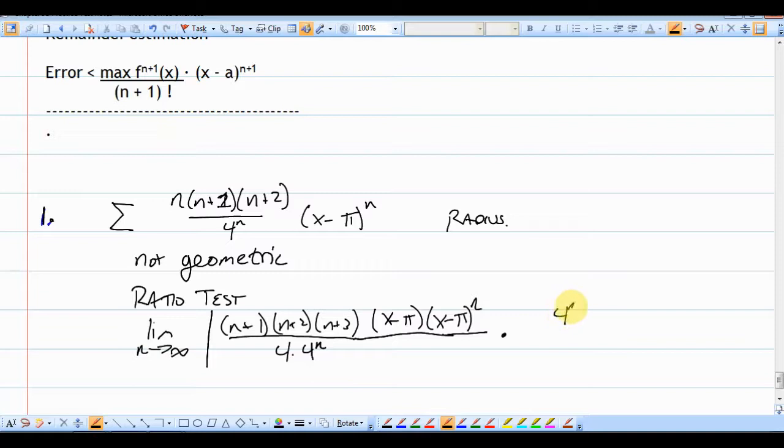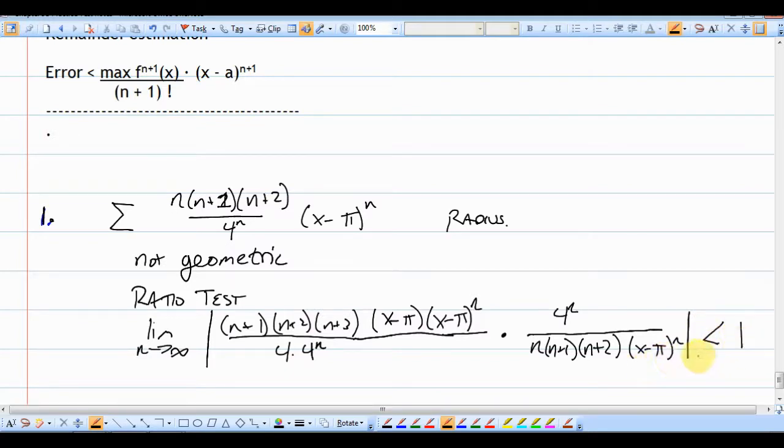Times 4 to the n over a mess, n plus 1, n plus 2, x minus pi to the n. Force that to be less than 1 so we can locate our radius.